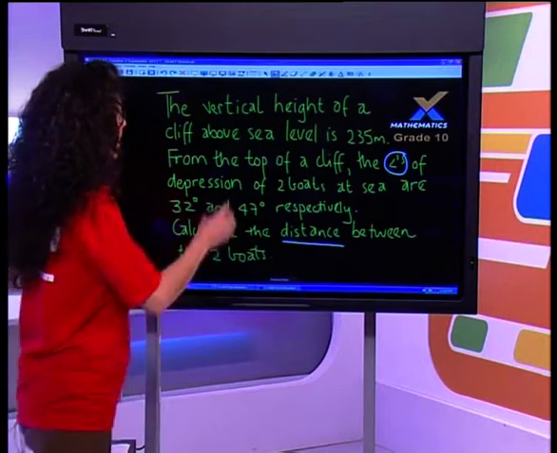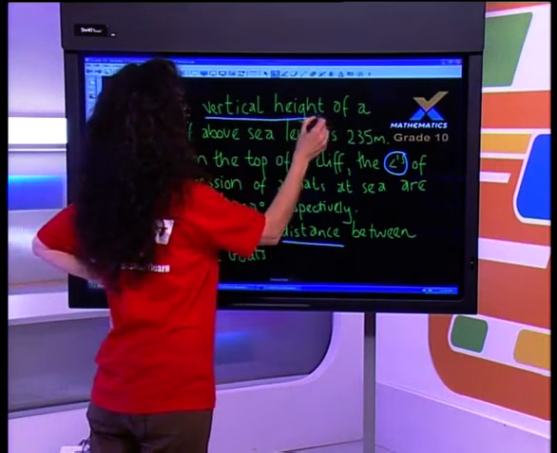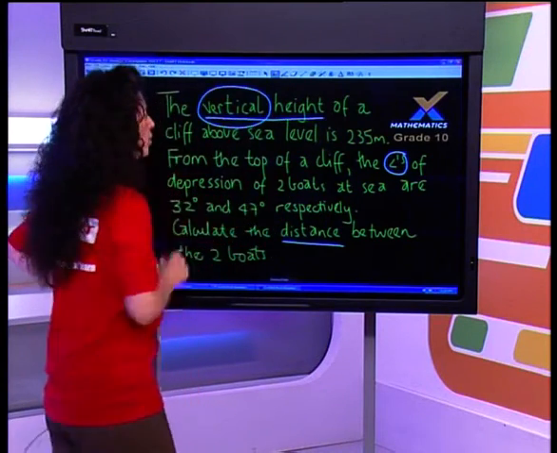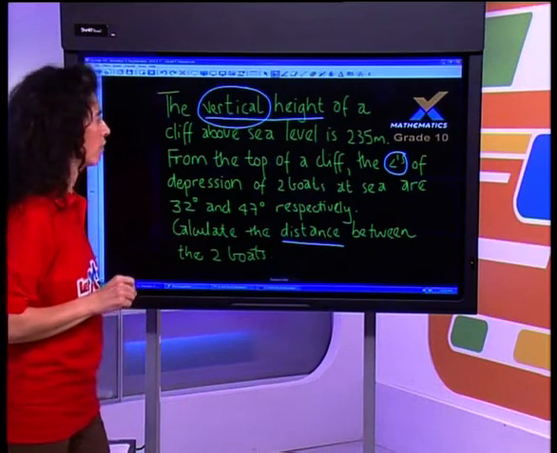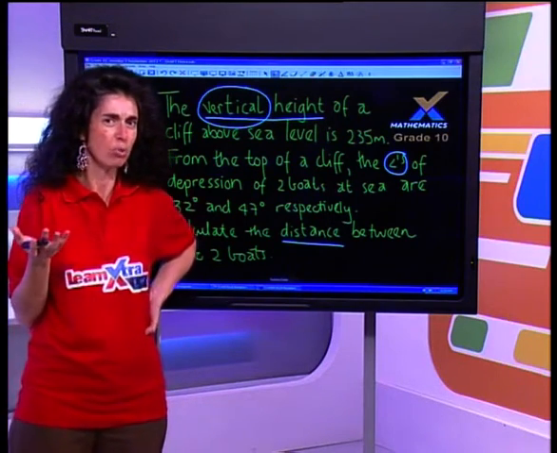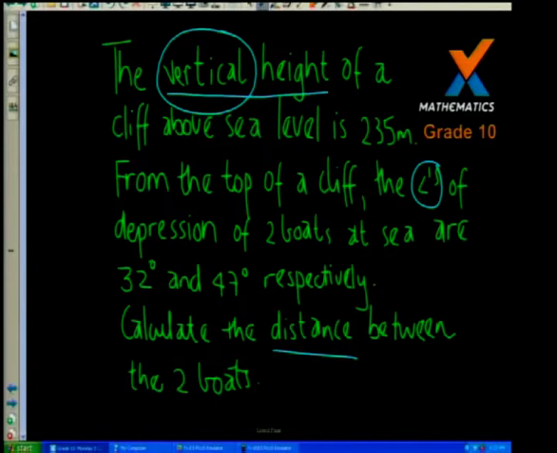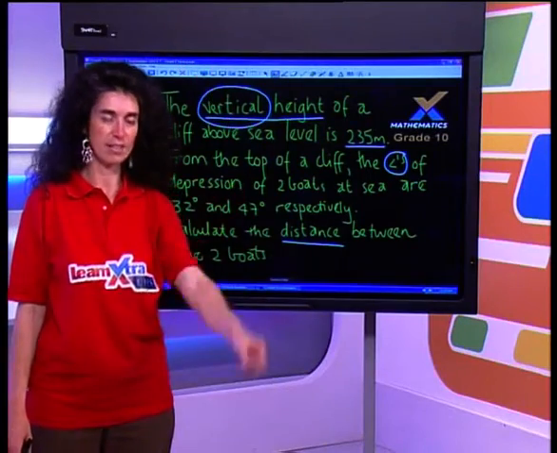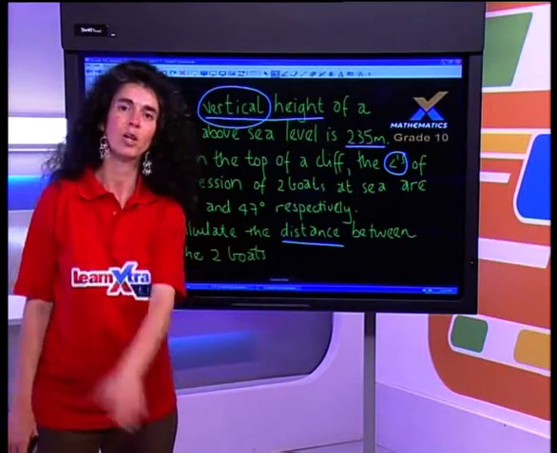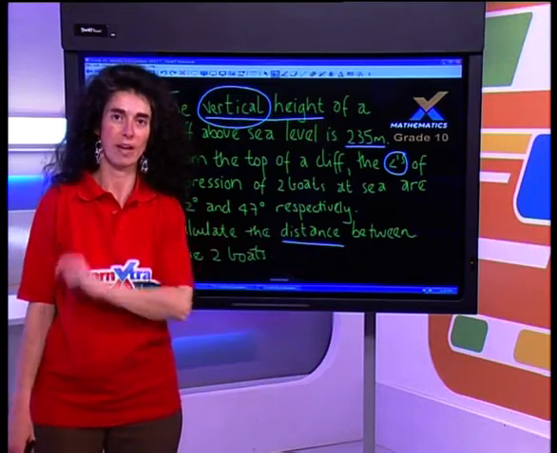And those are things like, why are we told about a vertical cliff? Or why are we told about a vertical height of a cliff? Is that important to us? And we're told that it's above sea level and it's 235 meters. Well, it is, because cliffs need not necessarily be vertical. So a vertical cliff basically means that something is standing perpendicular to its base.